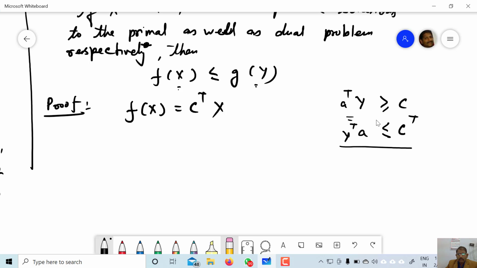So in place of C transpose, we can write y transpose A. This sign is not changed.